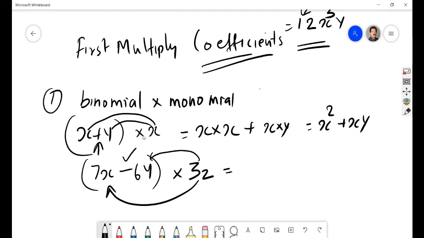So how will you write that? 7x into 3z, 7 3s are 21, xz, then subtraction. Understood? 21xz, then subtraction, minus 6 into 3, naturally minus 18, y into z, so it will be yz. This becomes your answer.